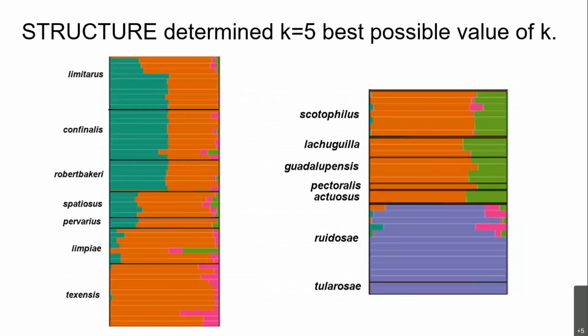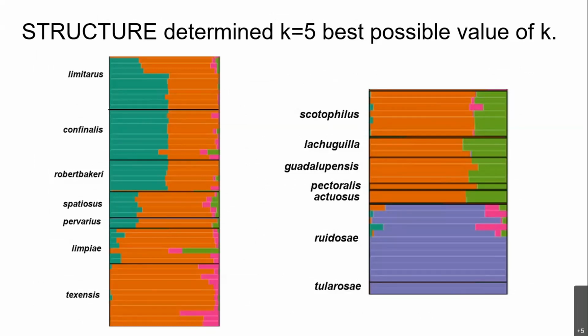So with our genetic data, we ran the data through what's called STRUCTURE. Basically, it determines a value of K, which is the number of clusters best represented by the data.